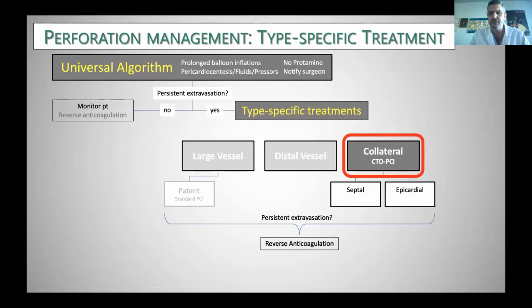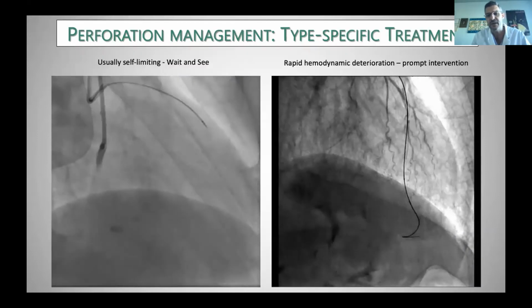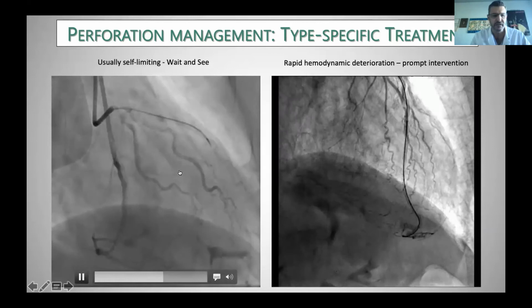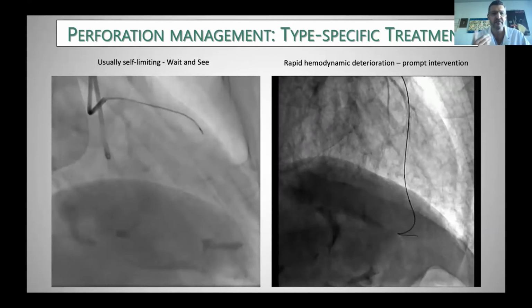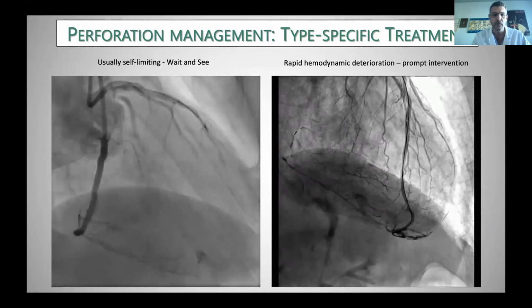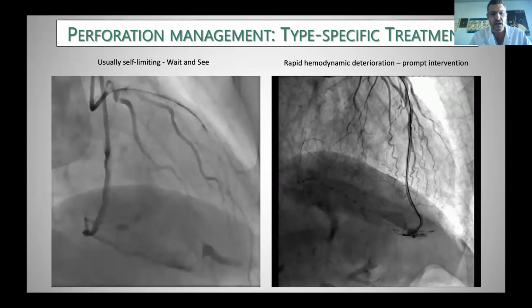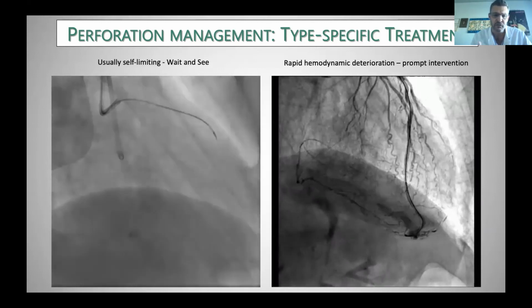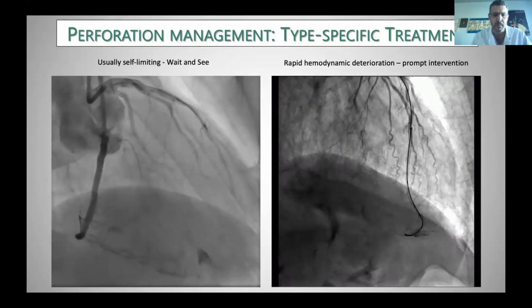So in case of collateral perforation, the treatment can differ if we are talking about septal or epicardial collateral perforation, because usually septal perforations are self-limiting. So the first strategy is to wait and see, because as I said, they often don't create any hemodynamic consequence.